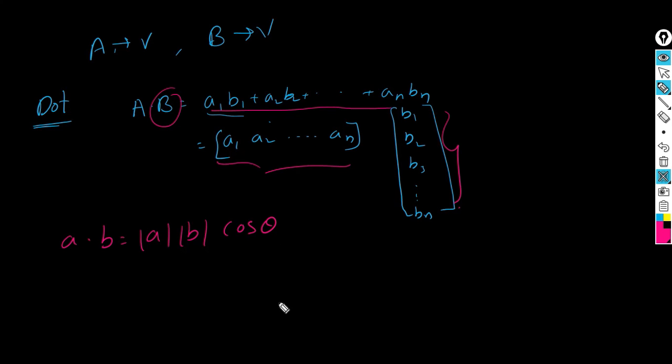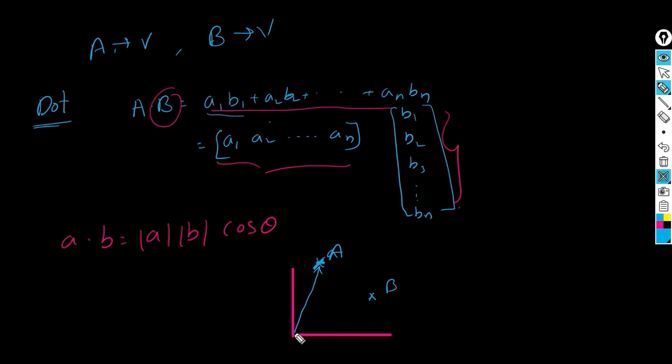What does the dot product of these two points actually represent? For that, let's plot a 2D plot, which makes our life so easy. This is a point A, and this is a point B, and the vector representation is this one.